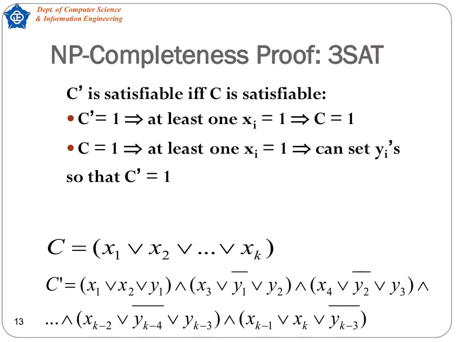Conversely, if C is satisfiable, pick any true x_i, and then assign each y_j so that this truth flows down the chain, making every clause of C' true. Thus, C is satisfiable if and only if C' is satisfiable, completing the reduction from SAT to 3-SAT.